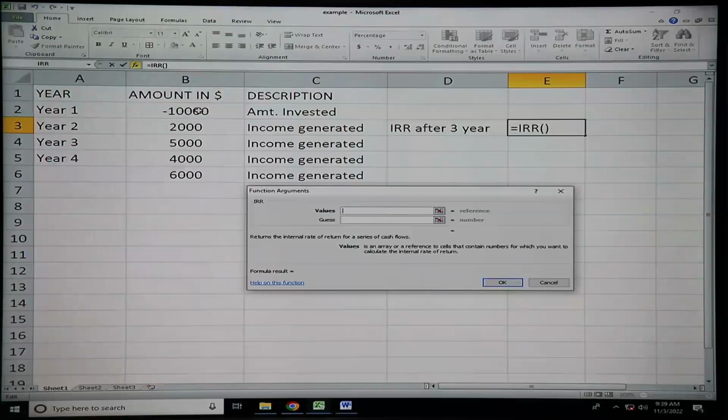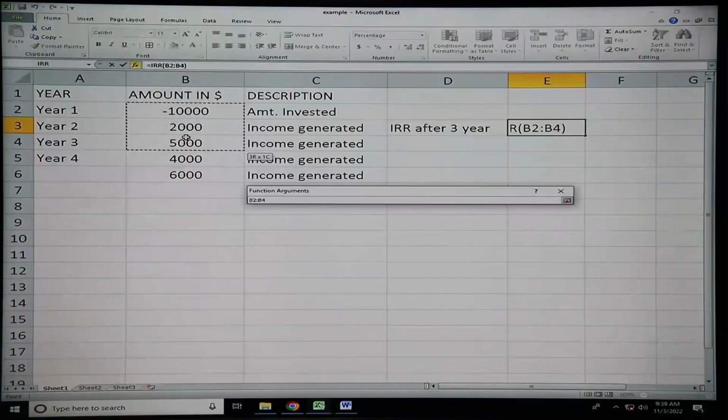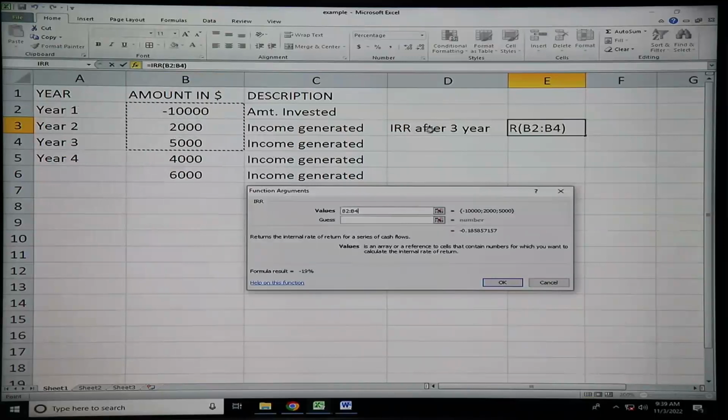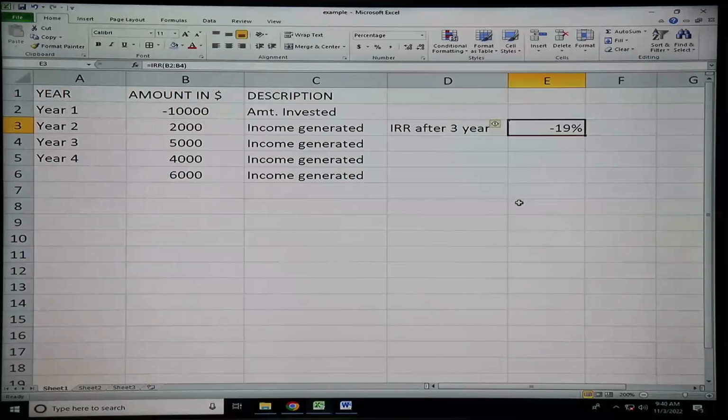We highlight the cells from the first year up to the third year. Once you do this, it will give us a value of 0.0185, which will be rounded off to the nearest percent, that is 19%.